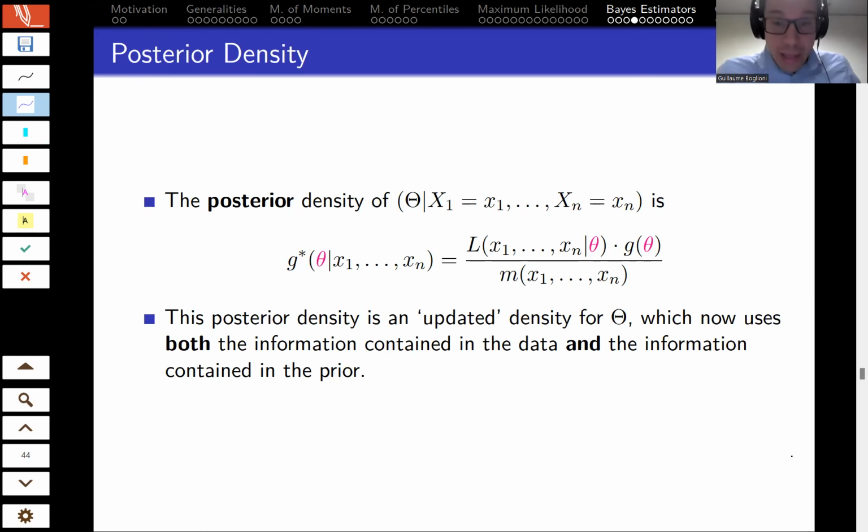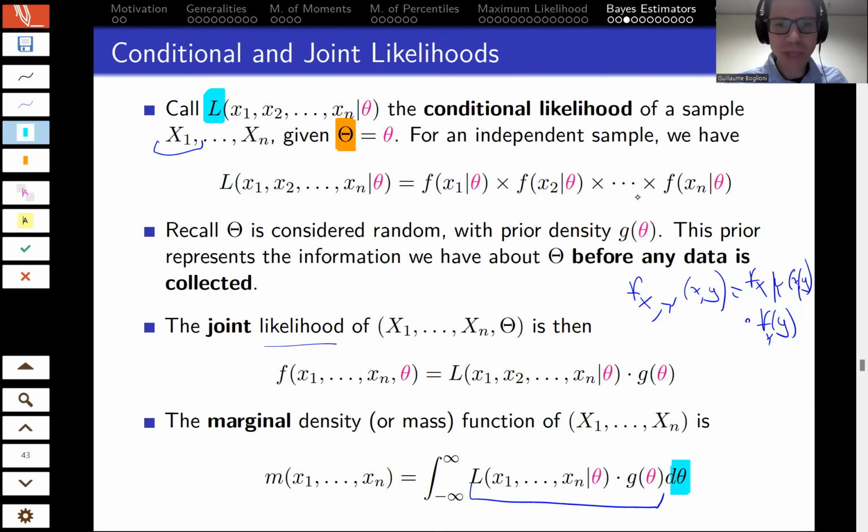Now we get to what we really care about, which is the posterior density of theta given the sample. Here we have the conditional density or likelihood of the sample given theta.